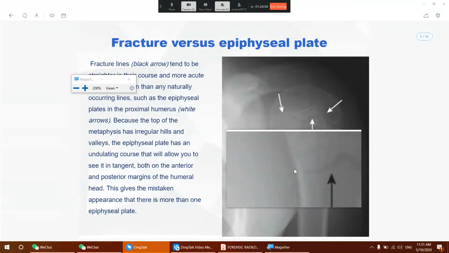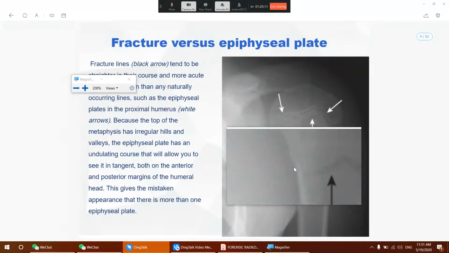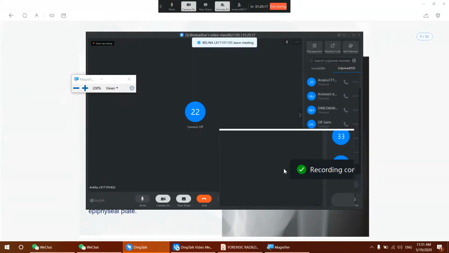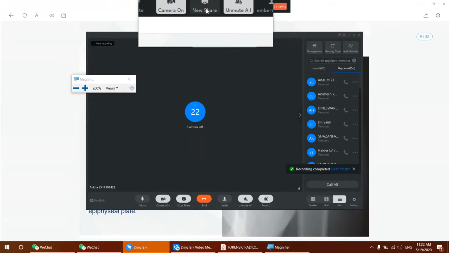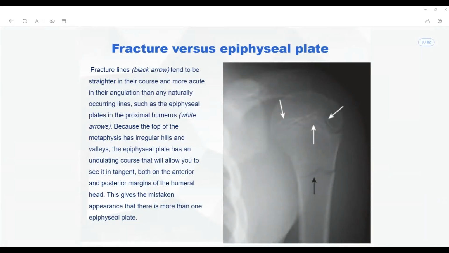There is a mild black line coming, and this indicates that on this side the cortex has also been disrupted. Did you understand? Yes. So the medial edge has also been disrupted, which means this is a complete fracture.